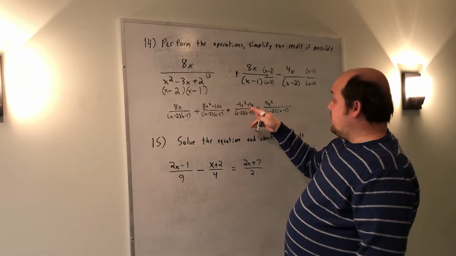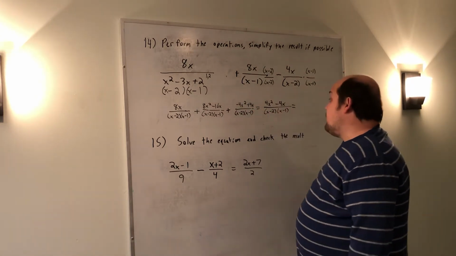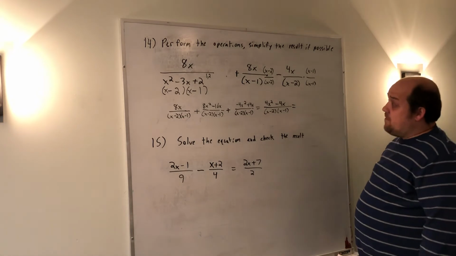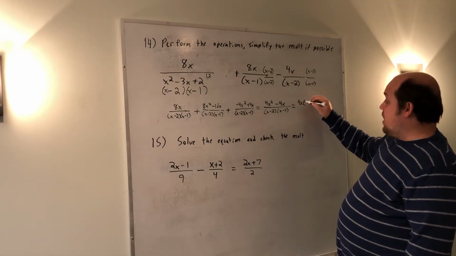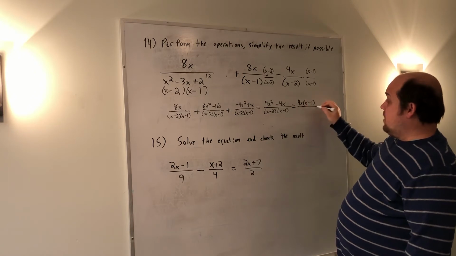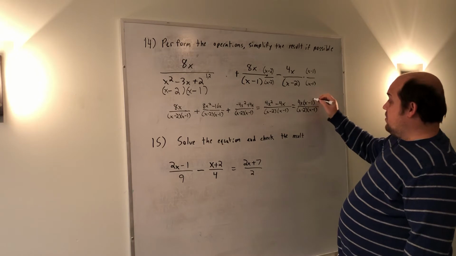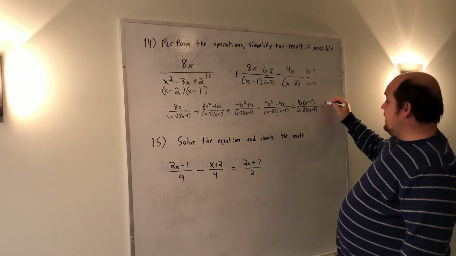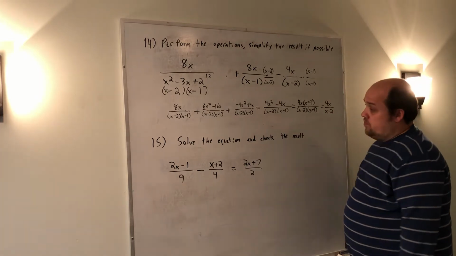Negative 8x plus 4x gives me negative 4x. When I look at that top, I realize that I can take a 4x out of that top. If I take the 4x out, I'm left with x minus 1. This is already one of the choices on bottom as a factor. So I can cancel those and leave myself with just 4x over x minus 2.